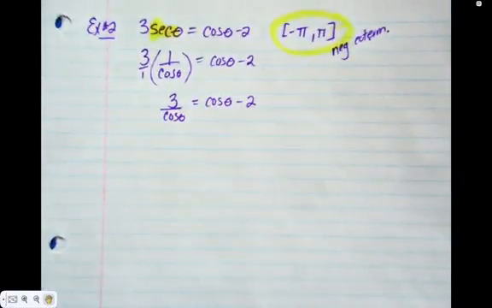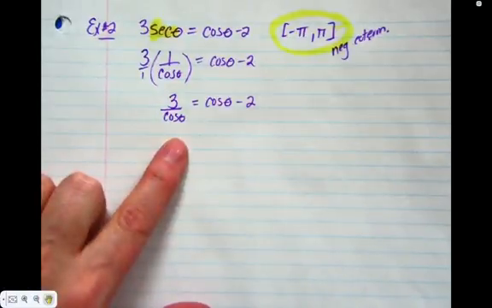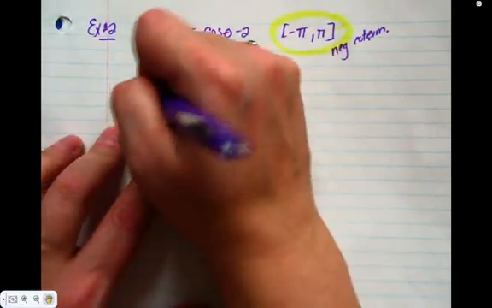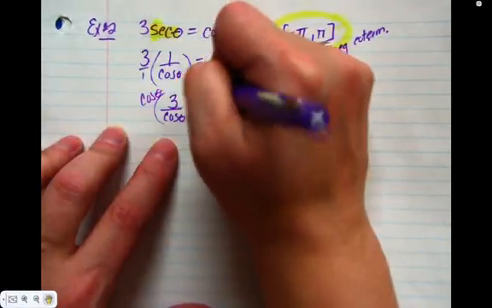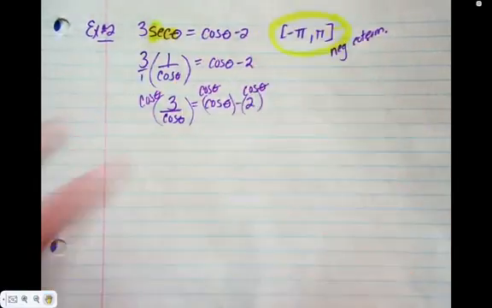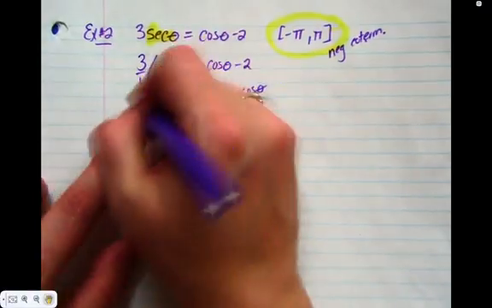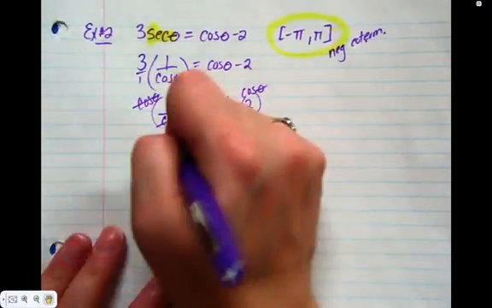And then people freak when there's a cos on the bottom. I'm like, no, no, no. What's the opposite of dividing something by cos? So I'm going to multiply every piece by cos to get rid of that fraction. So on the left, I've got the cos divided by cos, which cancels, and it's just going to leave me 3.